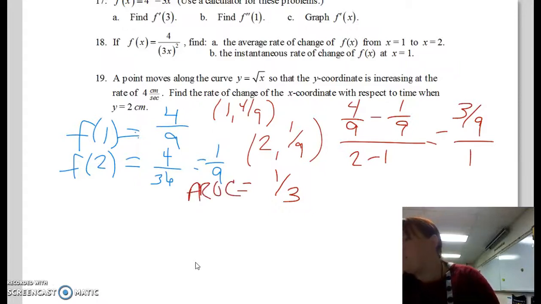Okay, and then we're going to look at the instantaneous rate of change, which is, let me pull this up really quick just so that I make sure that I tell you the right numbers.